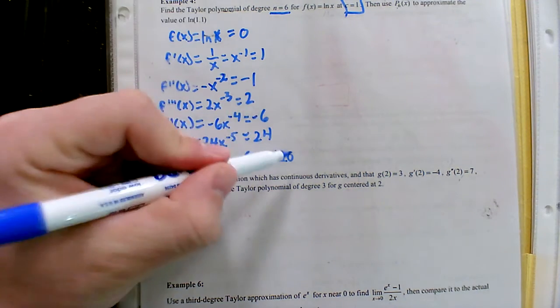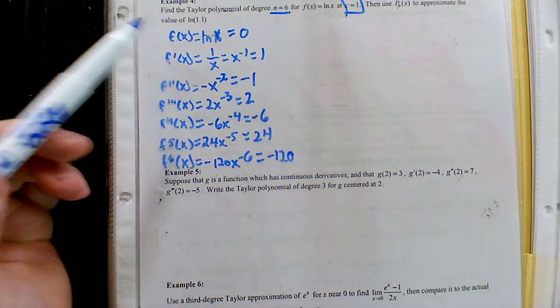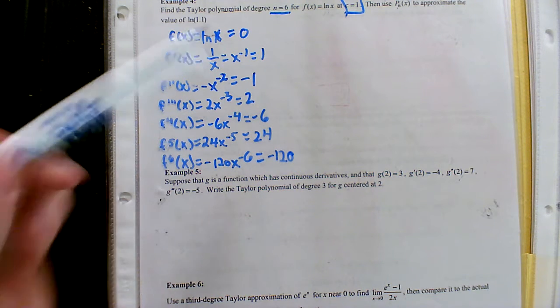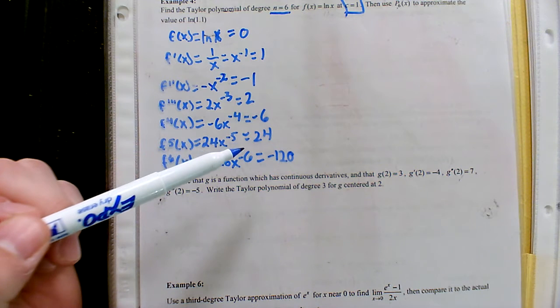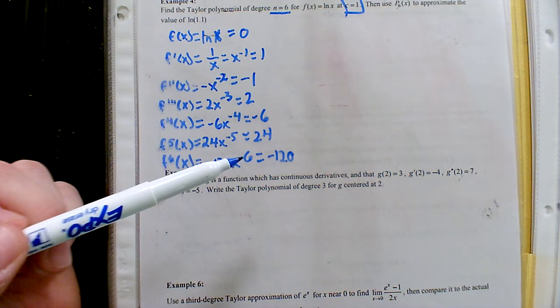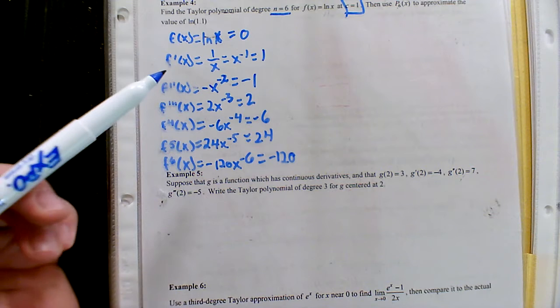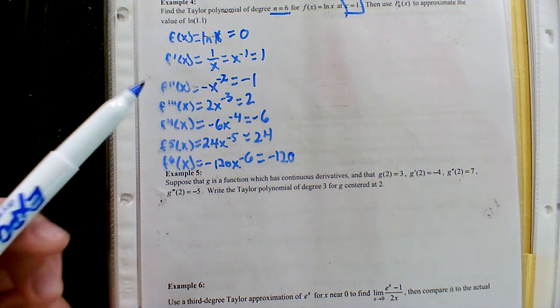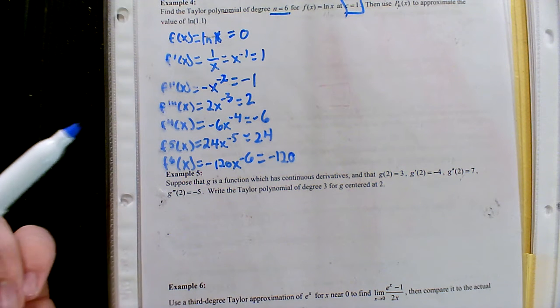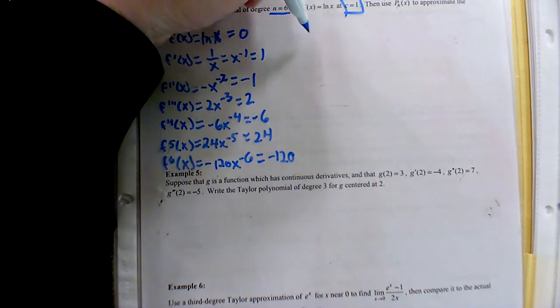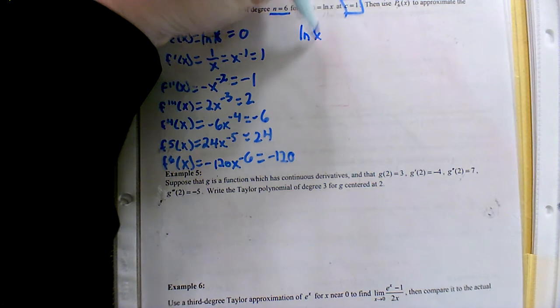Okay, very good. Now again, thinking back to the Taylor polynomial, we found these derivatives and we found what they're equivalent to. So if you look back at the Taylor polynomial in your previous notes, what we actually found here was part of the coefficient term.